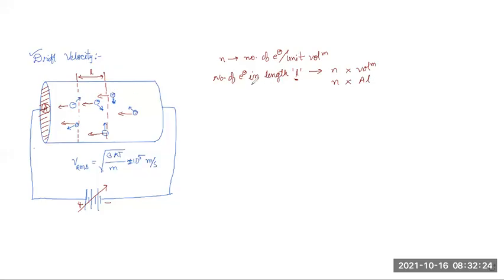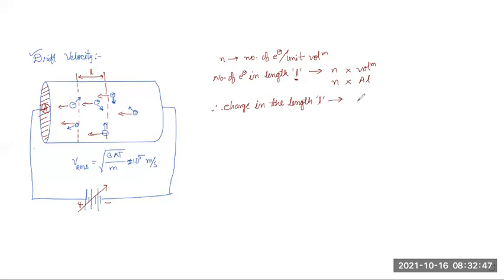The moment we get the number of electrons within this volume, we can simply say what the charge in that length L will be.